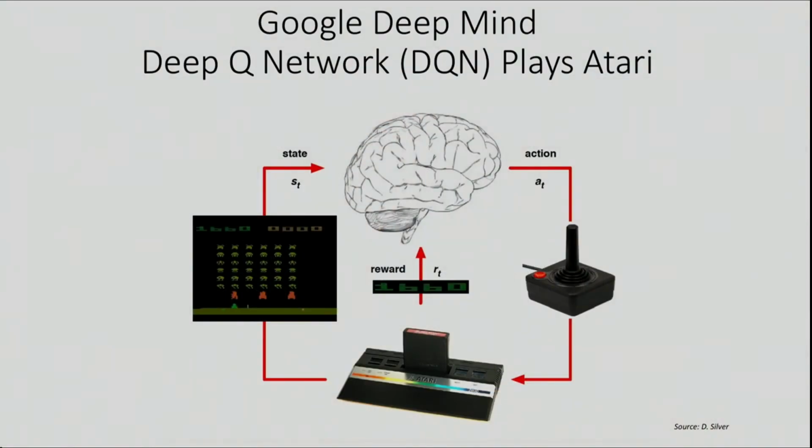And then in their diagram, the brain is the agent, right? That is going to tell us what the appropriate action is that we should take in that game. And actions are expressed, obviously, in this game, by the joystick. And then the game console is the environment, the world in which we're operating.